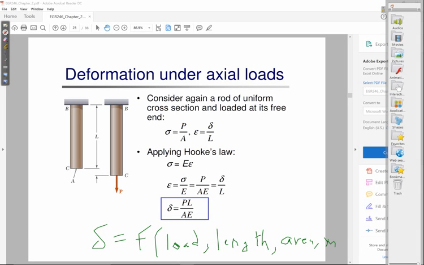Young's modulus is a property of the material. Okay? So that's what your deformation is dependent on.